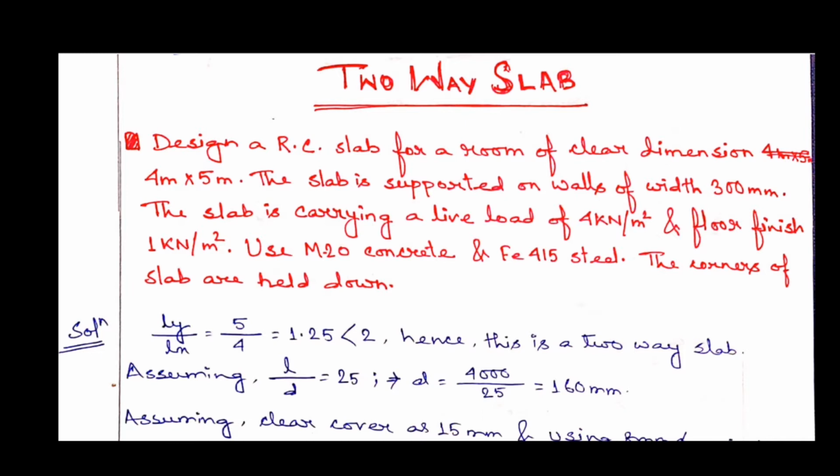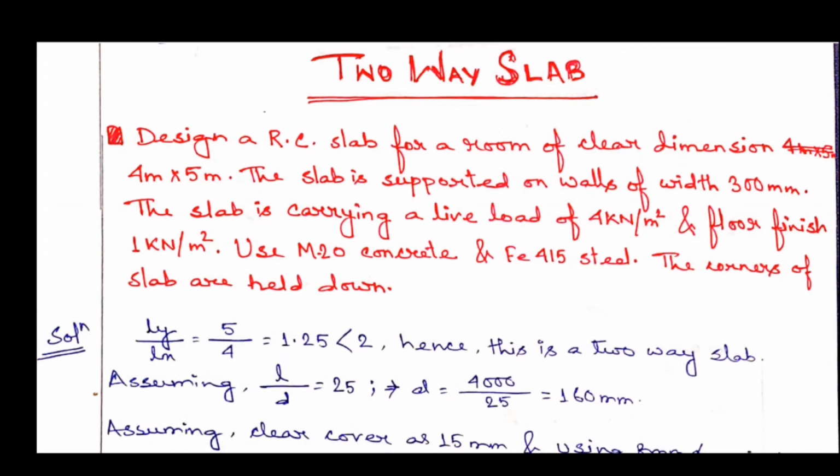Before starting the problem, I am going to discuss the basic part of two-way slab. We know that in two-way slab, bending comes in both directions. So we have to design reinforcement for the longer span and shorter span both. There is no such thing as a distribution bar.